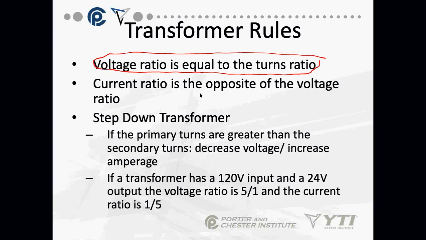Now we have two types of transformers. We have a step-down transformer where the primary turns are greater than the secondary turns, which will decrease the voltage but increase the current. So if we have a transformer that has a 120 volt input and a 24 volt output, the ratio is actually 5 to 1, but the current is 1 to 5.